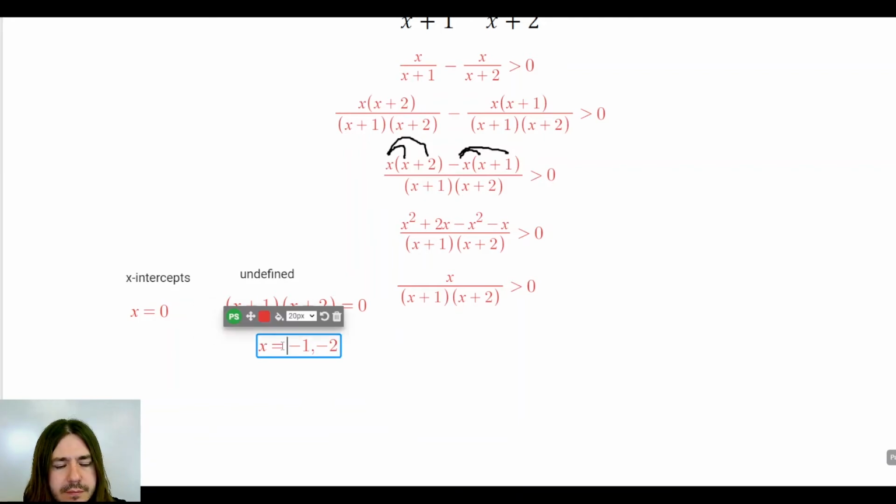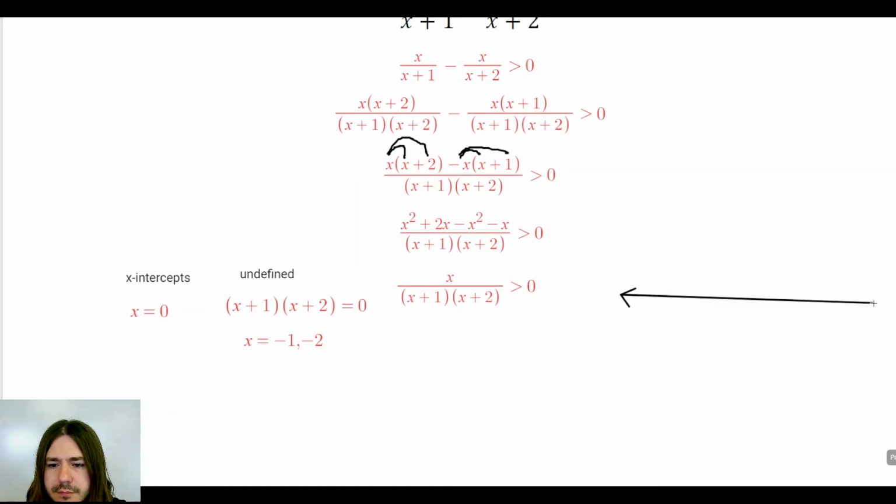Okay, so now we're ready to go ahead and draw our number line here. I'm going to put 0, so I'll leave a little bit extra room there, -1, -2. So we've got 4 intervals.